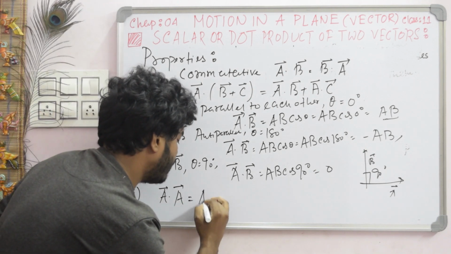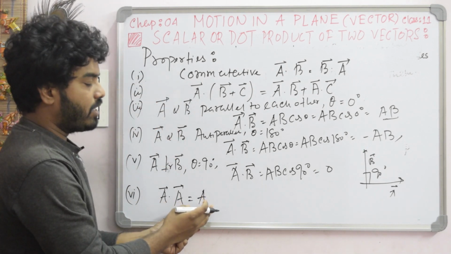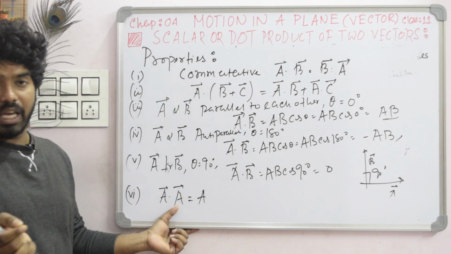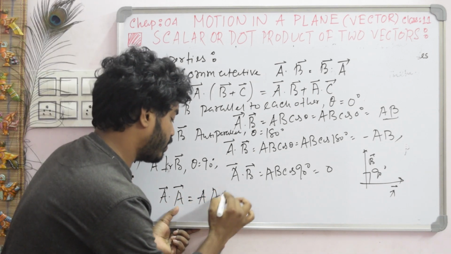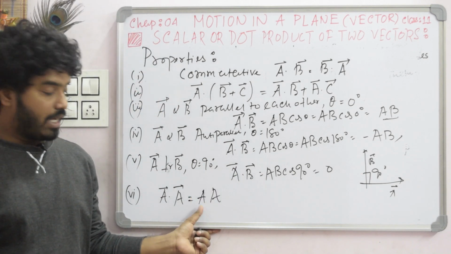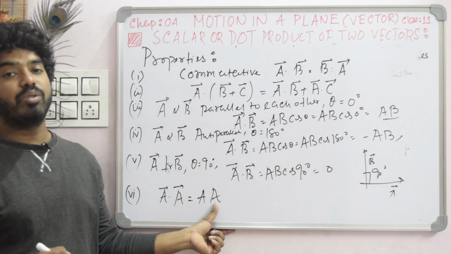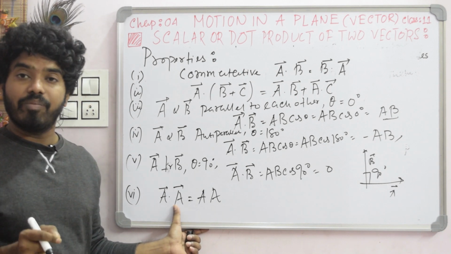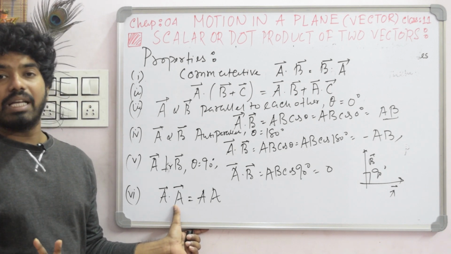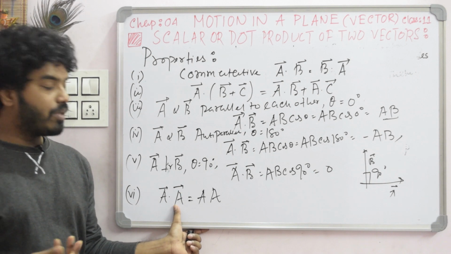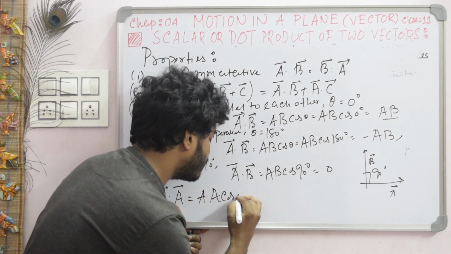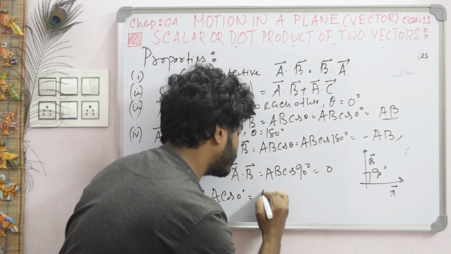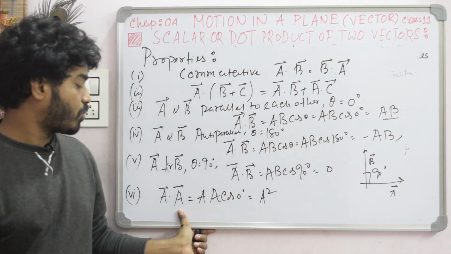That is A. Then you have to write the magnitude of the second vector, and here the second vector is also the same A. So this one also will be the same value A, and then you have to write the angle between the two vectors, and here it is the same vector. So, what is the angle between the two vectors? The angle between these two vectors is 0 degrees, because this is the same vector. So this one gives cos 0, that is 1. So this one gives A squared.